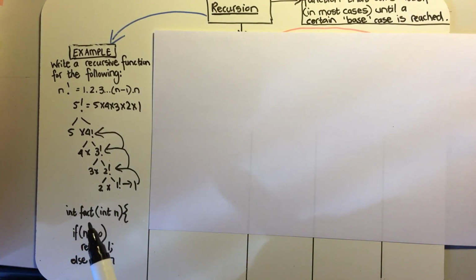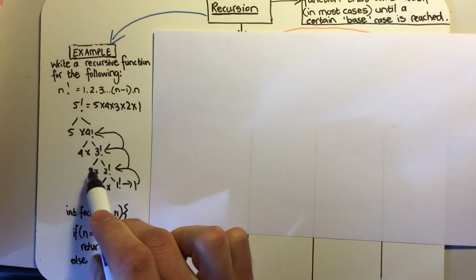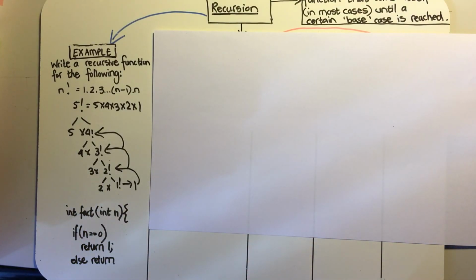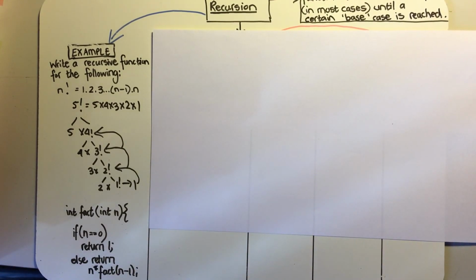If we look at what we're returning, every time we're returning the number that we're at times the factorial of the previous number. So we're saying return n times factorial of n minus 1, like that.